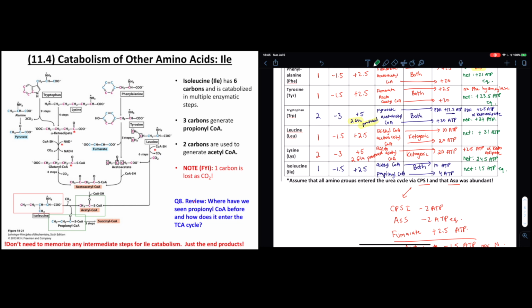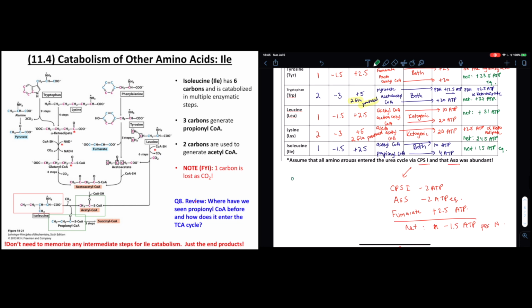So let's answer question 8 down here. It says, where have we seen propionyl-CoA before and how does it enter the TCA cycle? Right, so propionyl-CoA is from odd chain fatty acid oxidation.